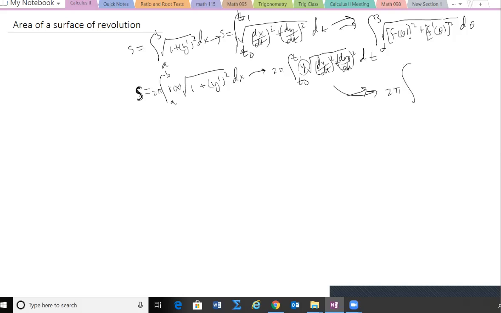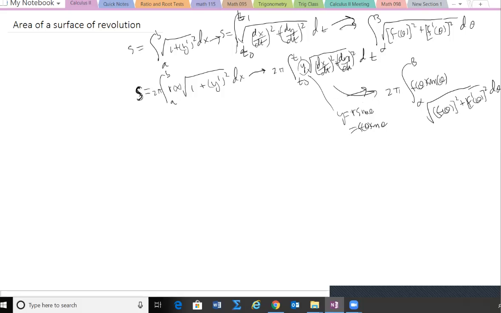And again, depending on the axis of revolution, if I stay with that y, remember y equals r sine theta, or f of theta sine theta. So this would become f of theta sine theta. And then we'd have that square root of f of theta squared plus f prime of theta squared, all d theta. Sorry for running out of room there.